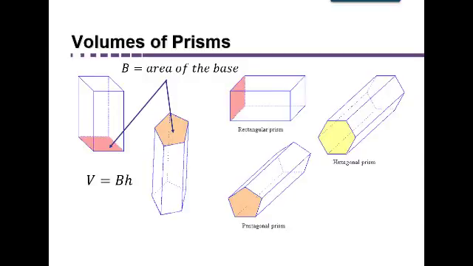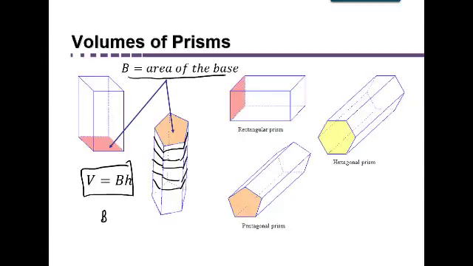If we have some way of finding the area of the base, then all we have to do is multiply that times the number of layers to get the volume of the object. So in general, the volume of a prism is capital V equals capital B times H, where capital B is the area of the base.